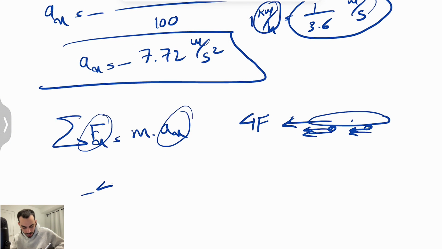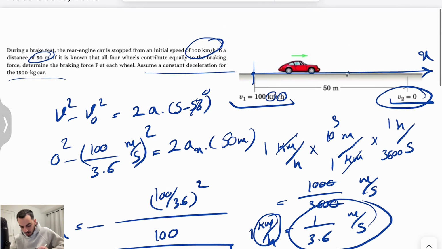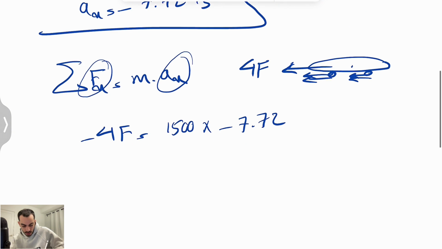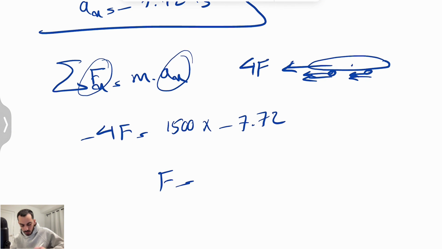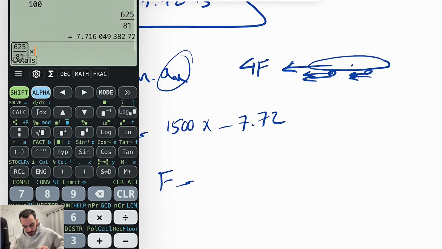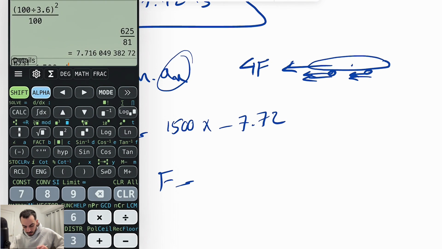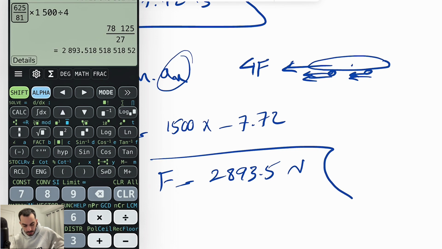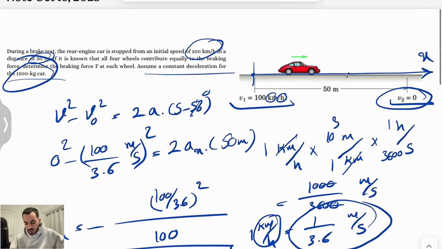So negative 4F is equal to the mass, which the question is giving us as 1500 kilogram, times the acceleration, negative 7.72, and this is going to give us the force F. Basically this times 1500 divided by 4, and this is going to give us 2893.5 newtons, the final answer for this question.